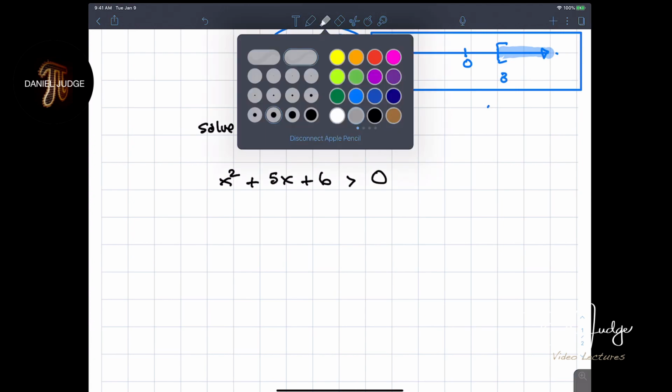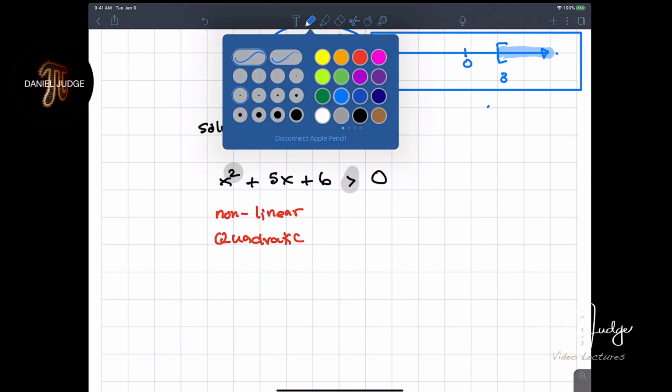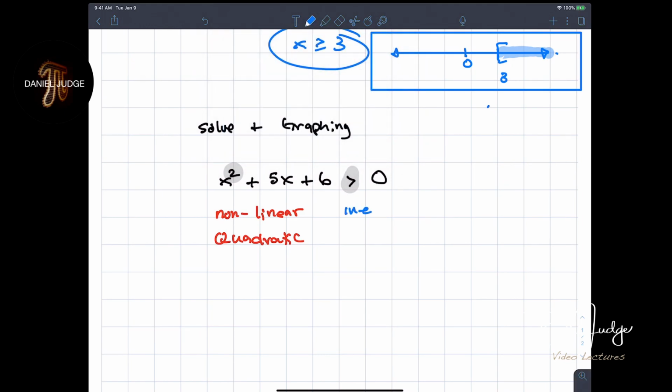Notice what you see. The power 2 means this is non-linear. In fact, this is quadratic. So you have a quadratic inequality. You say inequality? Yeah, because this is not an equality sign. This portion here is the inequality. So anytime you have a non-equals, you have these symbols here.